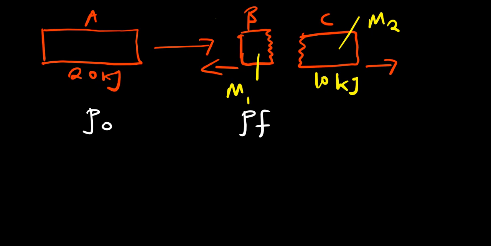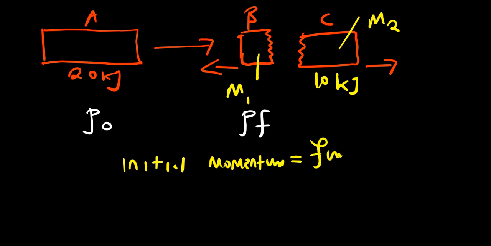Now one thing that you should understand about the conservation of momentum is that your initial momentum should be equal to your final momentum. So let's say P initial just equals P final.